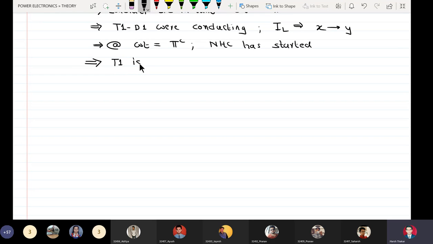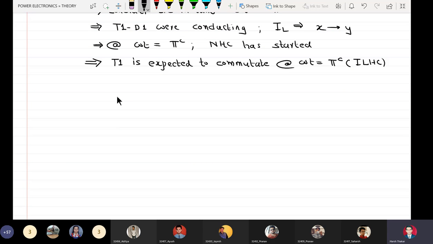T1 is expected to commutate at omega t equal to pi radians because it is the illegal half cycle for T1, but its status is like this.